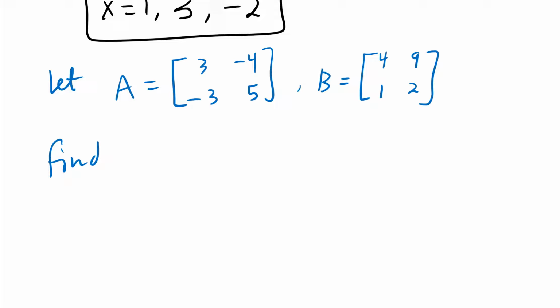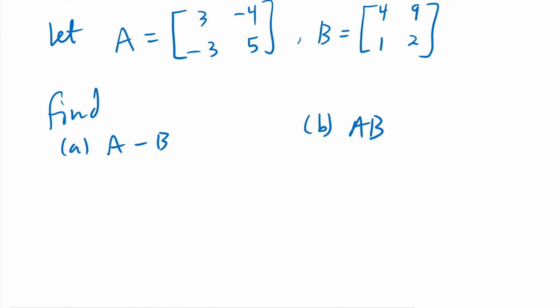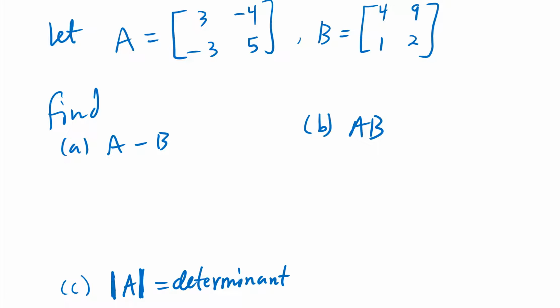Find and simplify part A, A minus B; part B, A times B; C, the determinant of A; and D, B inverse.